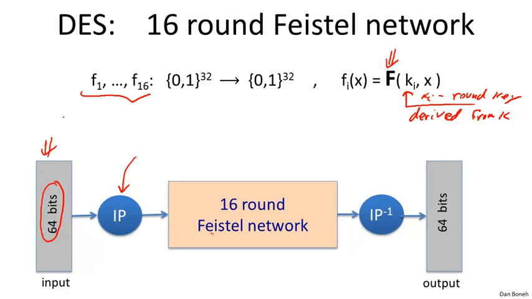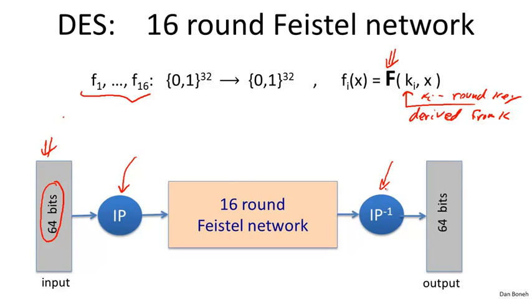Then we go into the 16-round Feistel network that you now know how it works. It uses the functions F1 to F16 as specified before. And then we have another permutation. This is called the final permutation. That's just the inverse of the initial permutation. Again, it just permutes bits around. This is not necessary for security reasons. And then we finally get the final outputs.